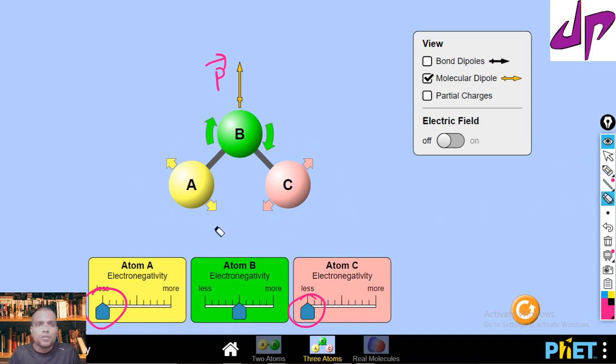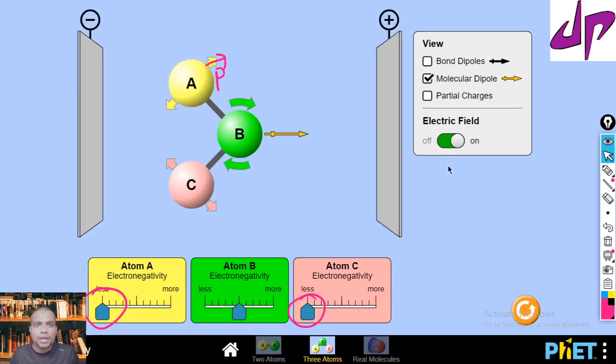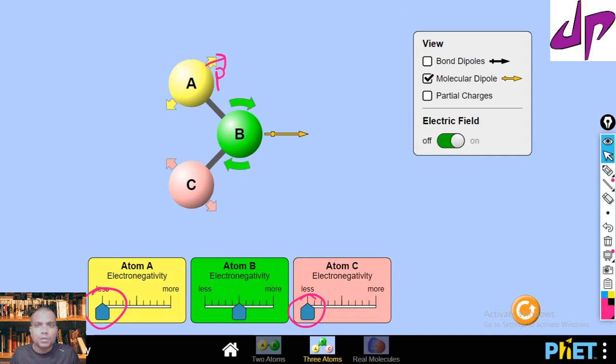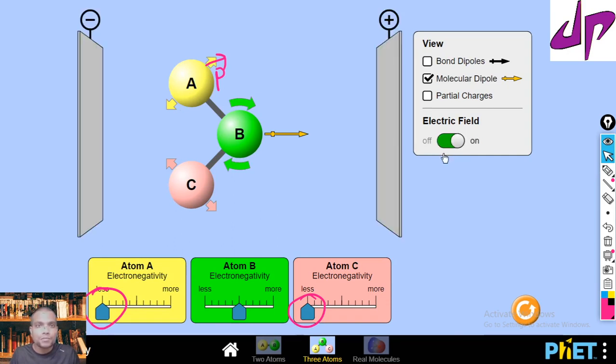Now, if I switch the electric field on here, what would we expect? We would expect that atom B will take a clockwise direction. Before the switch off, that is the rotation, it's already aligned.